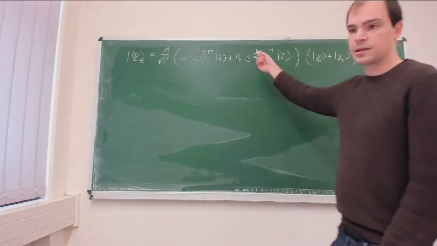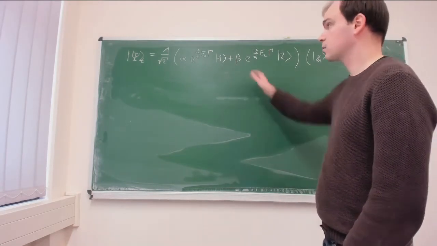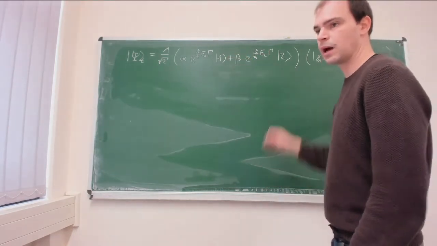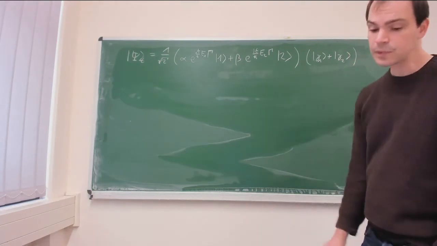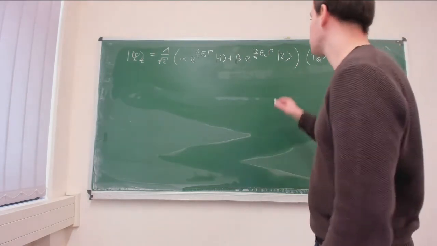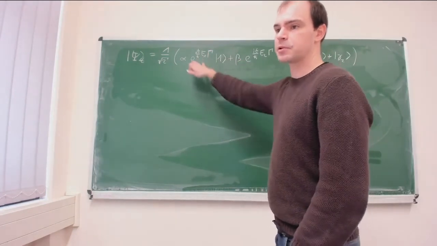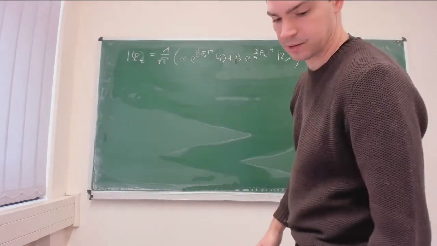So our state does not separate anymore, as it did in the non-relativistic case, into a clock state with some oscillation and the unaffected state of the center of mass. But now we have a clock energy dependent operator here that is still acting on our center of mass state.